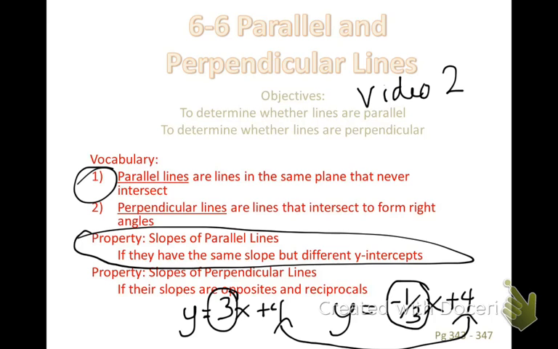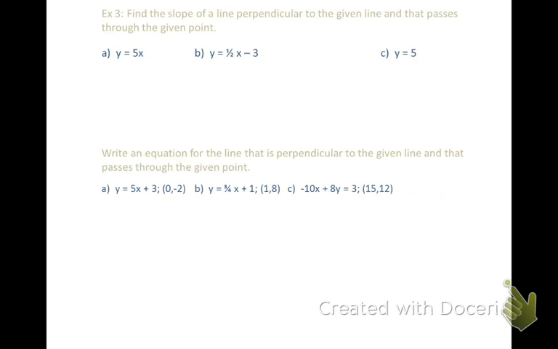So let's try example 3. Find the slope of a line perpendicular to the given line that passes through this point. If I look at the slope of A, it's 5.